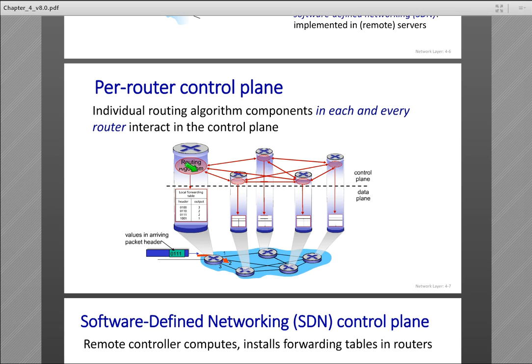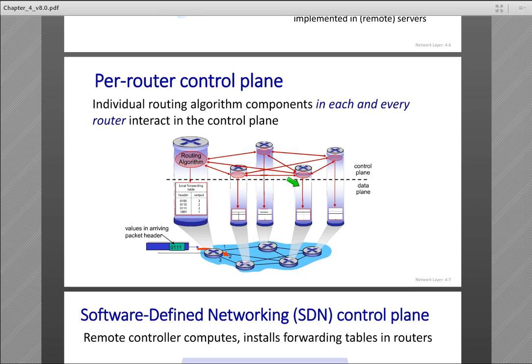Each of them runs the routing algorithms, and the results of those algorithms are saved in a table. We call it a forwarding table or routing table.